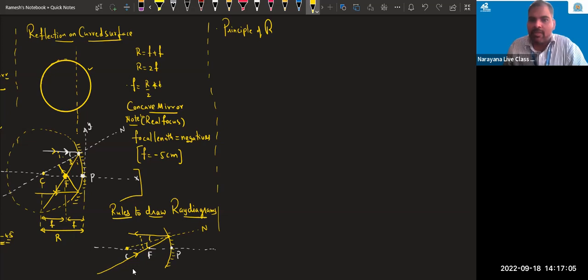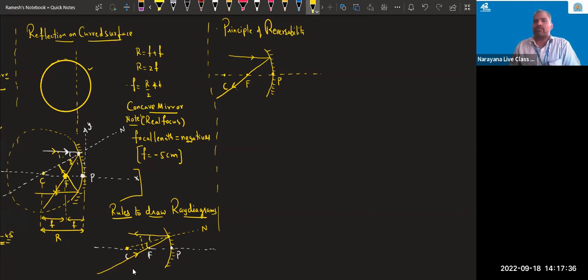So, principle of reversibility. If you take any concave mirror with pole, point of focus, and center of curvature, and any ray of light is falling parallel to the principal axis, how should it go? It is reflected through the point of focus.